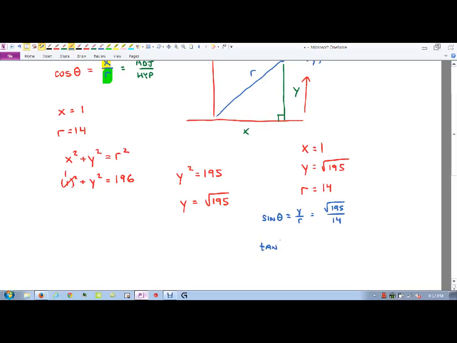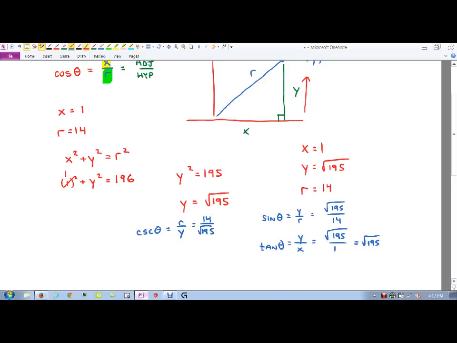Tangent theta is defined to be Y over X. So for us that's square root of 195 over X, which is 1, so that's just square root of 195. And then we'll do cosecant theta, which is the reciprocal of sine, so it's R over Y, so it's 14 over square root of 195.